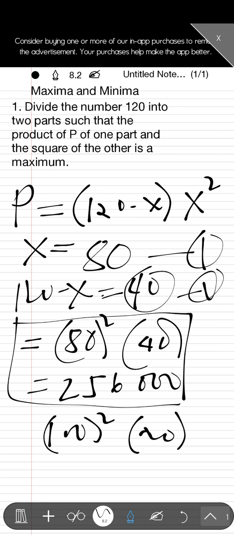Calculator lang. 100 square times 20, magkano? 200,000. So, saan ba dyan yung maximum product? Of course, 256,000. Pag ginamit natin 100, hindi siya naka-maximize. So, kung 80 at saka 40, naka-maximize yung product niya. That is 256,000. So, the answer is 80 and 40.